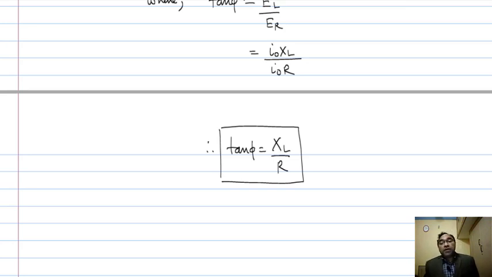So what we can conclude is, in the case of an LR circuit, the current lags the EMF by an angle phi, and the angle phi is given by the expression tan phi is XL by R.